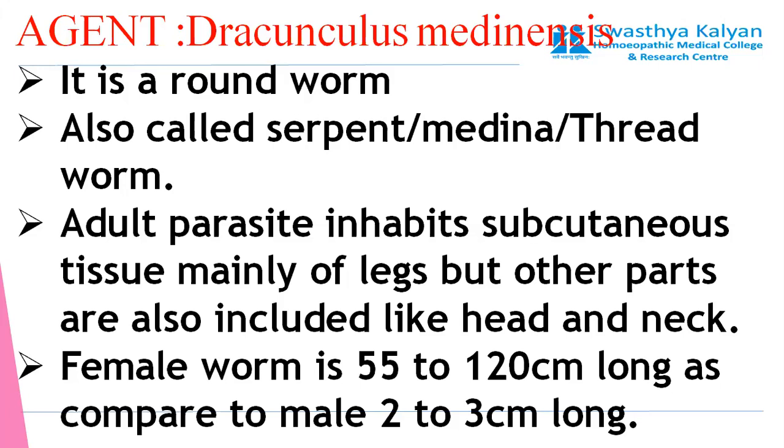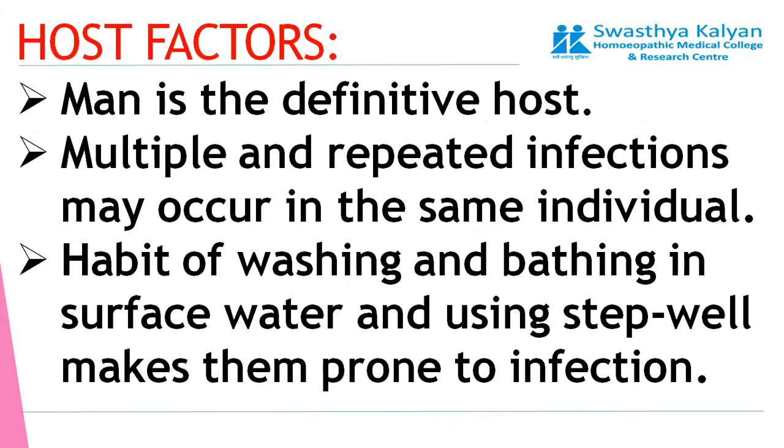The female can be approximately 1 meter long, so 3 to 3.5 feet, whereas the males are too short, only 2 to 3 centimeters. Here, man is the definitive host, whereas the intermediate host is the cyclops.